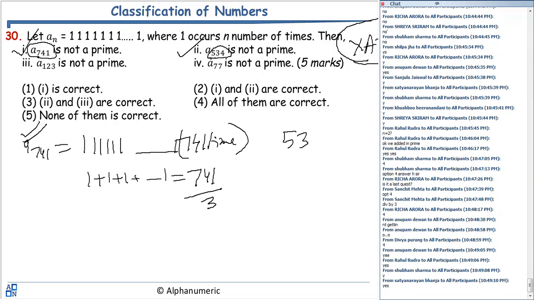So the second is also true, not a prime. Similarly, A123: 123 is also divisible by 3, 41. So this is also not a prime. So going by the options, 1, 2 and 3, all the three statements are correct. So the answer is option 4.